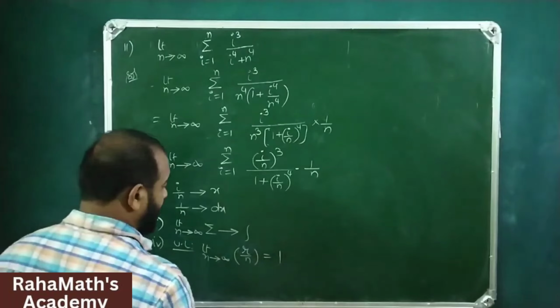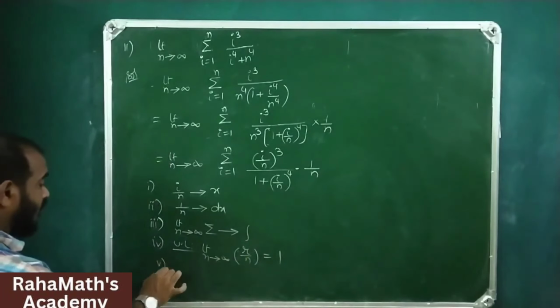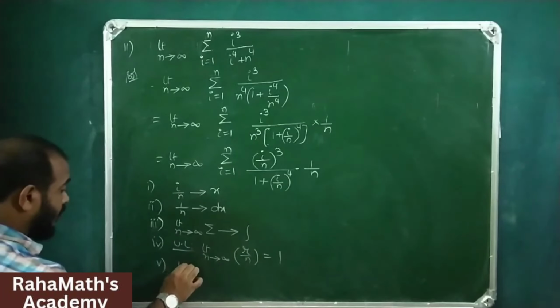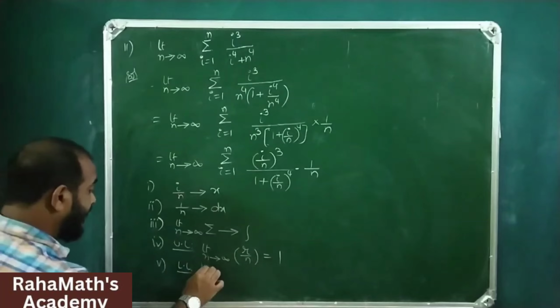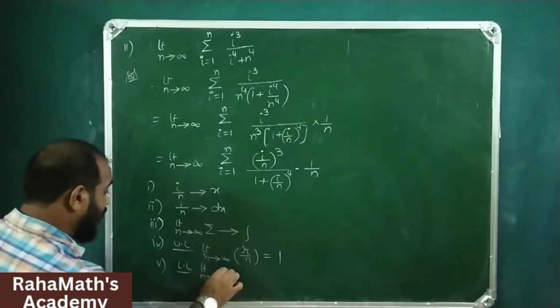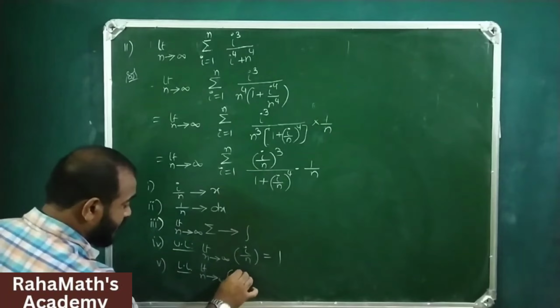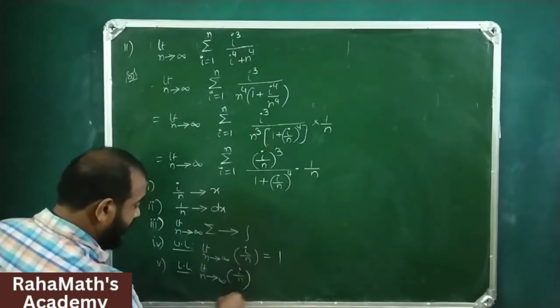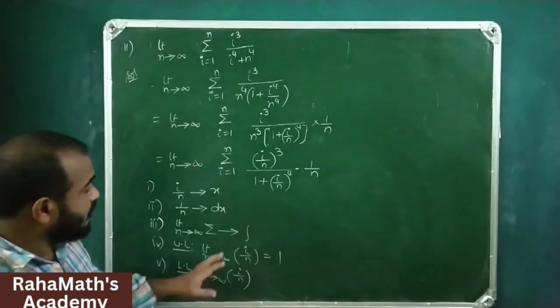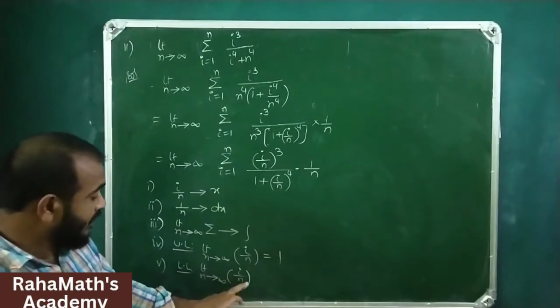This is the upper limit, and the lower limit is the limit as n tends to infinity of i by n, so replace with the lower limit 1, so 1 by n.